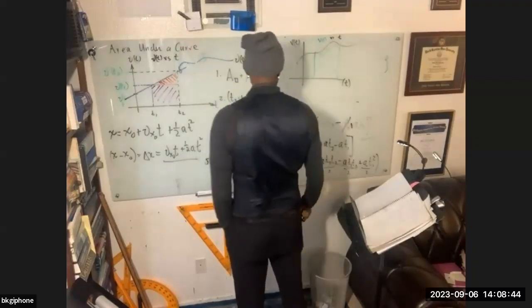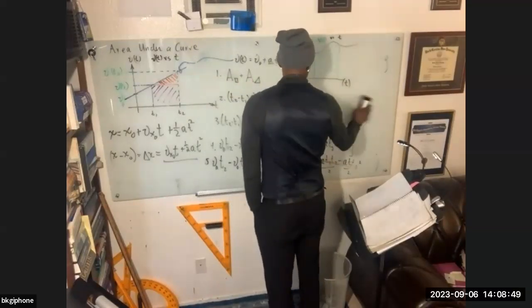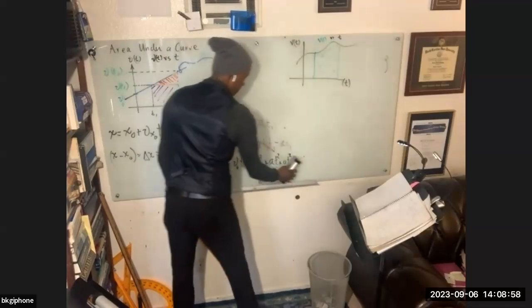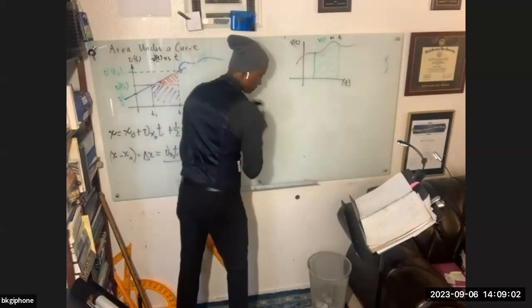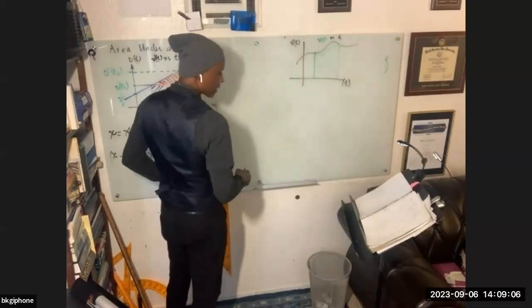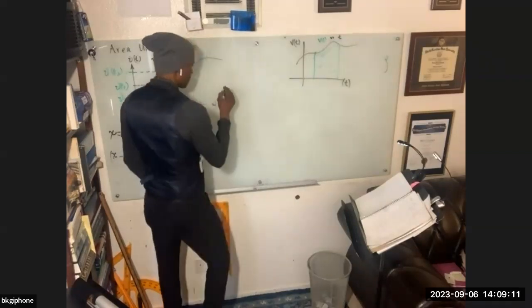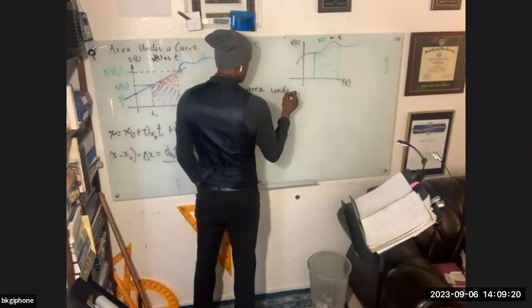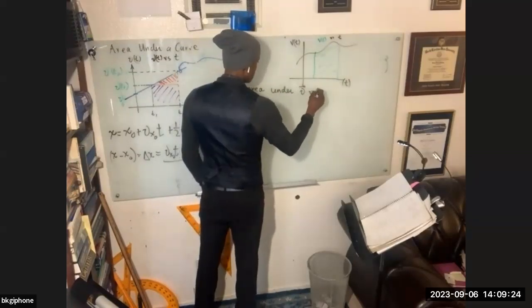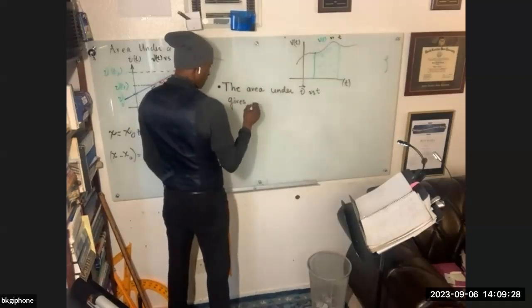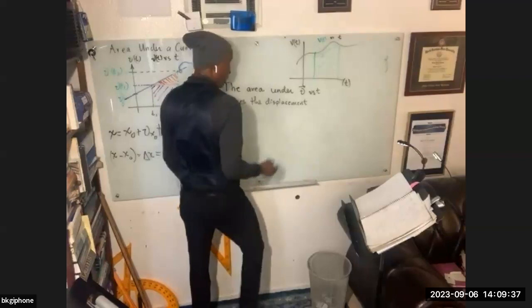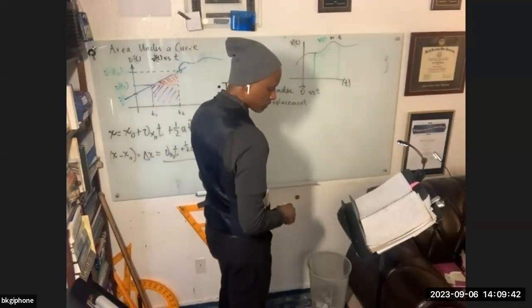So let's write down in words, qualitatively, what we're saying. What we can say is that the area under the v versus t curve gives the displacement, provided that the initial position is given.